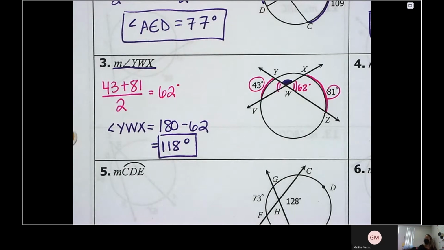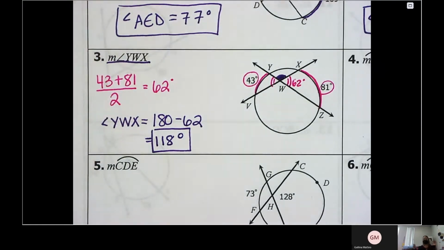So it took me one extra step, but that's fine. You need to figure out the other angle first. So notice that we're still using vertical angles. We're still using that a straight line is 180. We're still using that a circle is 360. These are things we're going to continue to use. All right, questions on that one?